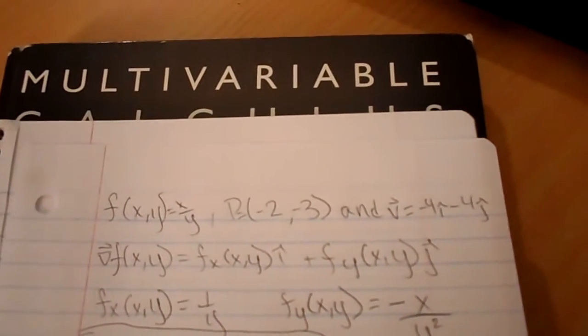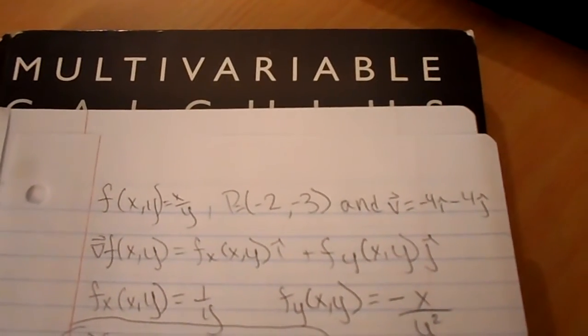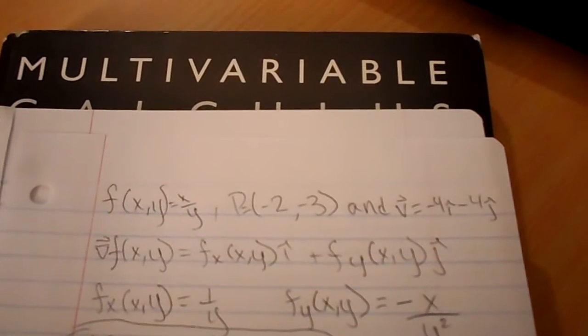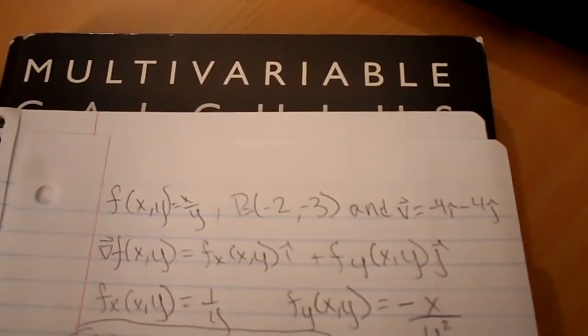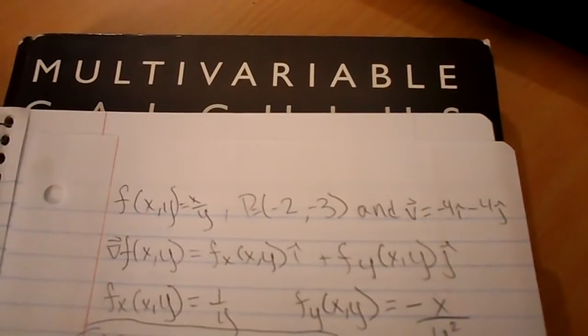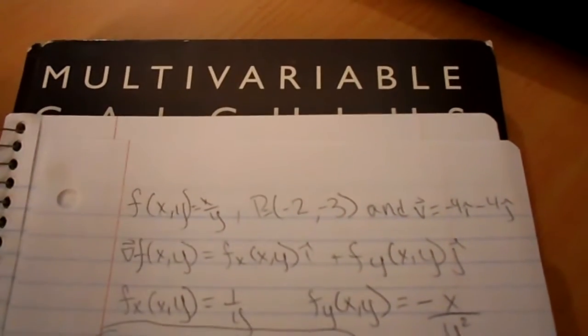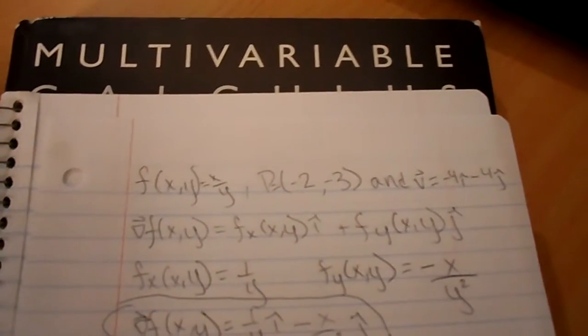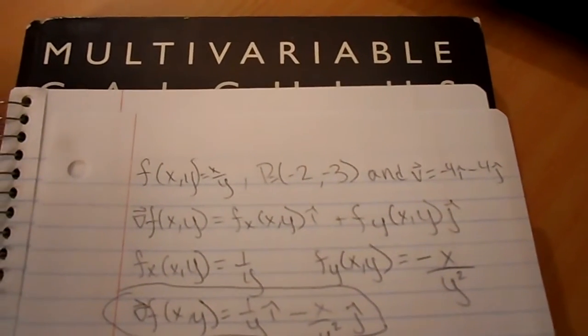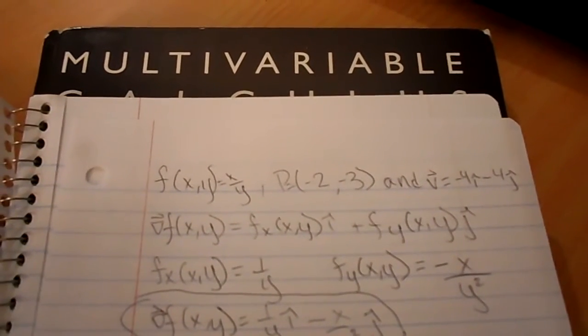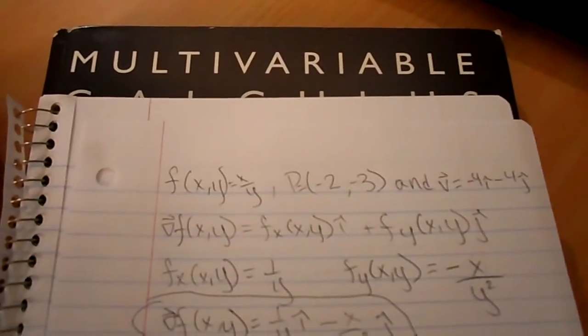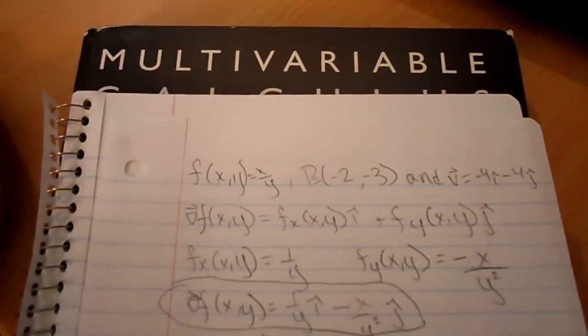First let's find the partial with respect to x. f of x, y is given as x over y, so the y just comes along for the ride, and we're given 1 over y for our partial with respect to x. Now for our partial with respect to y, the y is basically y to the -1st power, so we'll take that -1 out front, and we're left with negative x over y squared.